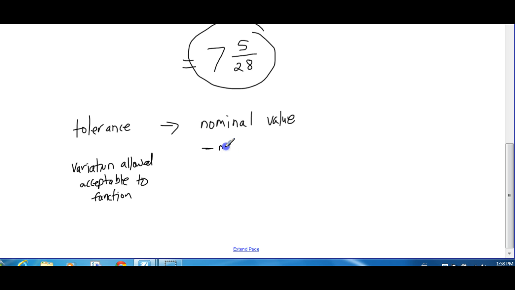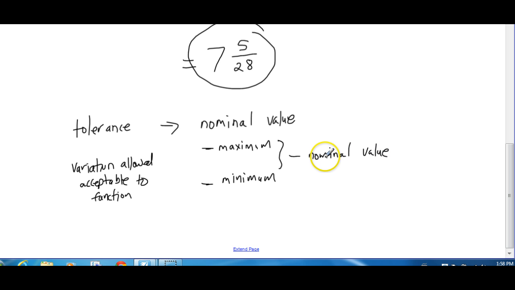And the nominal value as it relates to tolerance is, with a tolerance, you're going to have an upper level, which we call a maximum tolerance. You're going to have a lower level, which is a minimum tolerance. And halfway between there, right in the middle, is our nominal value. Our target is always to aim for the nominal value.